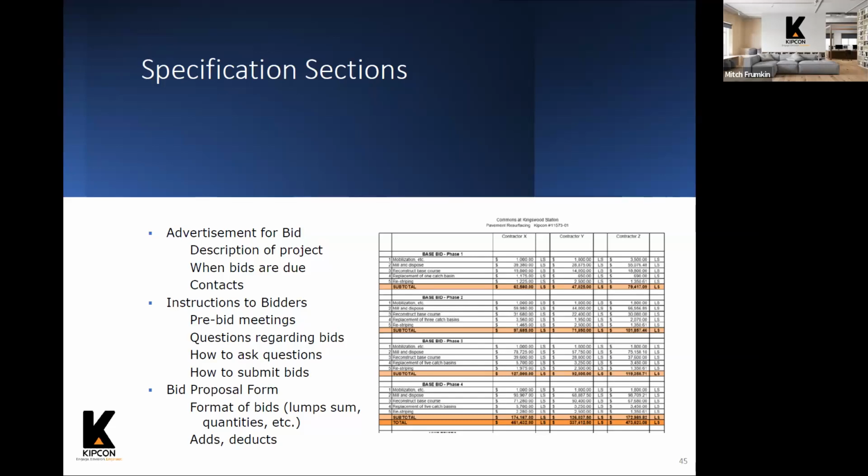For each of the streetlights, how much do they cost to replace? So the bid form is very important in making sure that all the contractors are bidding on the same type of components and in the same way, whether it's lump sum, per each, or square yard. In this way, it's easier to compare prices between contractors.